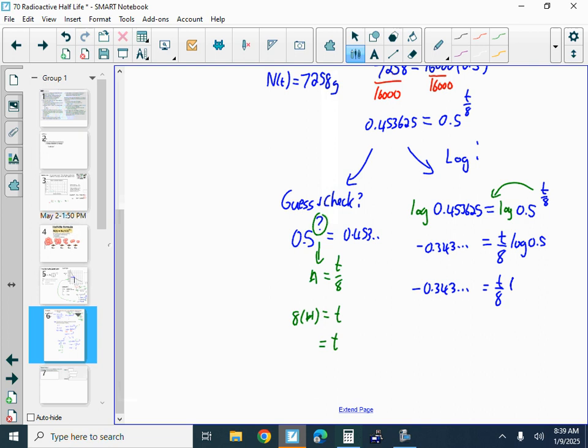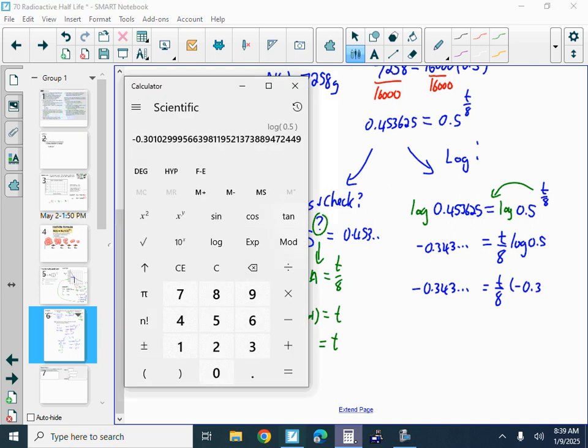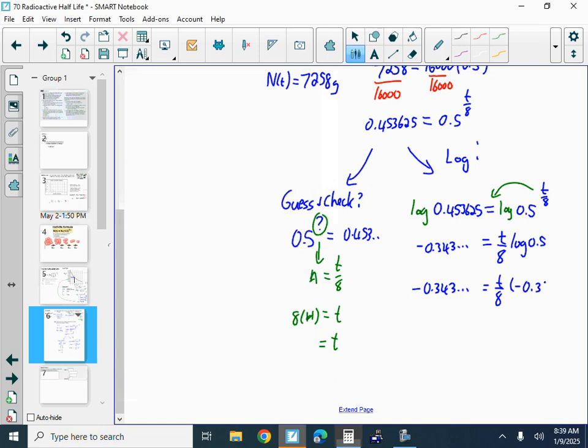So negative 0.301. The only thing I'm curious about is if there was a number here that I should have rounded better, but let's just see how it goes. We'll know if we did a good job when I put the number in here.